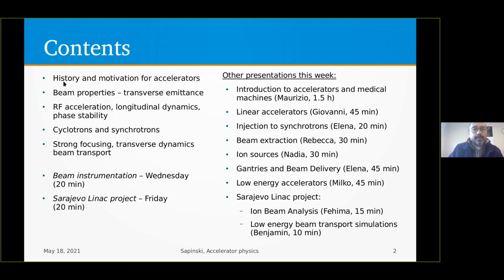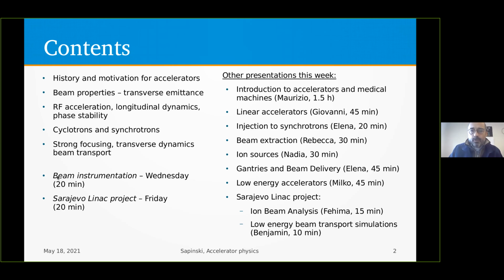And there will be some part about RF acceleration, longitudinal dynamics, phase stability. Then we will talk about cyclotrons and synchrotrons, so circular machines, and about strong focusing and transverse dynamics and beam transport. This talk will be followed by two other talks that I will give later this week on Wednesday on beam instrumentation and on Sarajevo LINAC project on Friday.